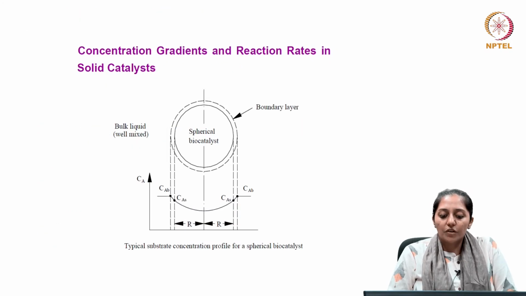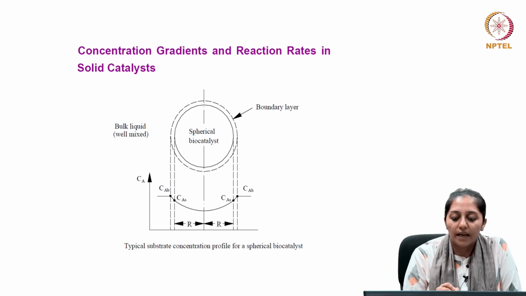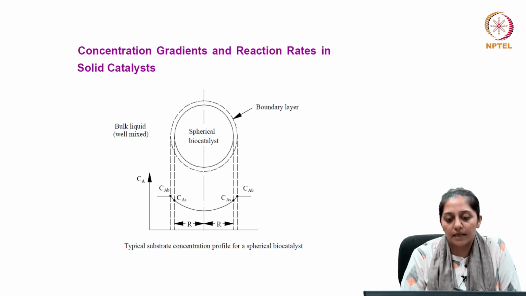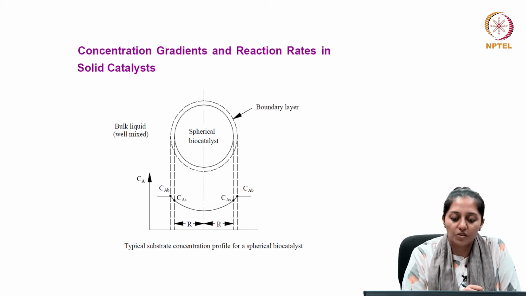So if you see the picture on the slide, there is a spherical biocatalyst inside which the enzyme has been immobilized. It is suspended in the bulk liquid, and we will assume that there is no external mass transfer limitation.